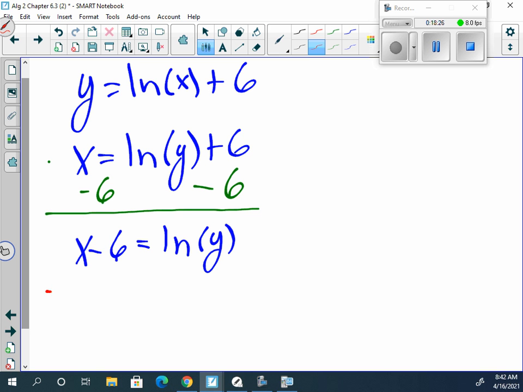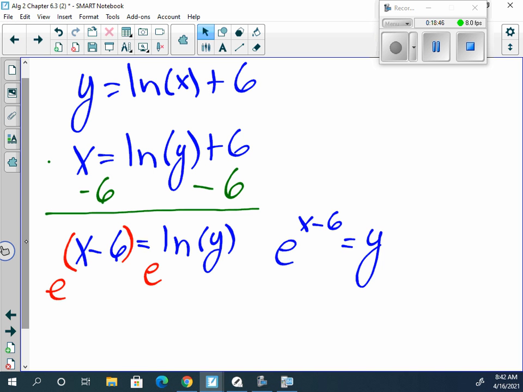And then we're going to put both sides to the e. So the x minus 6, since it's on that side, would be all clumped together. It would be grouped together, which would really tell us that e to the x minus 6 is equal to y. So we could have other operations.